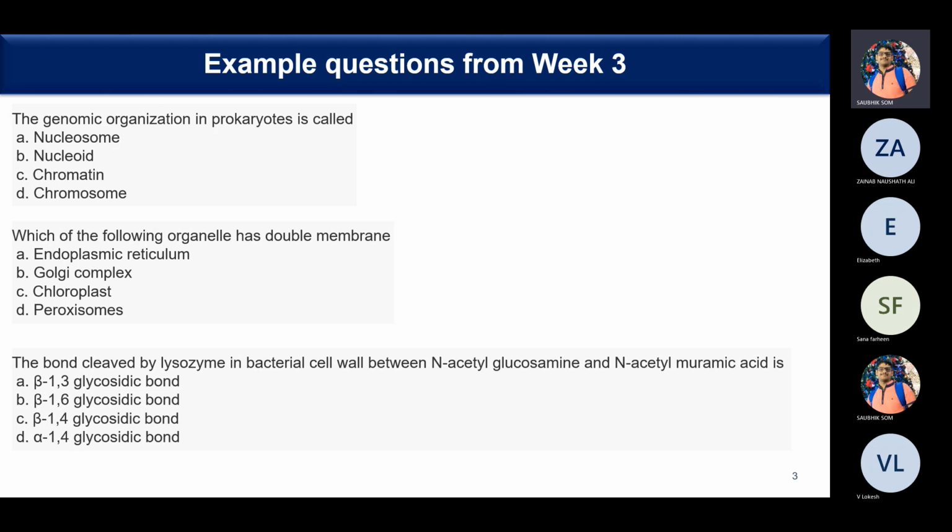When DNA is packed by clustering of histone proteins, which are H1, H2A, H2B, H3, and H4, a nucleosome forms. So these are the structural proteins of the histone proteins.